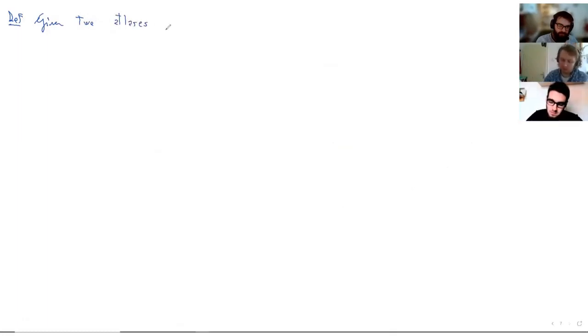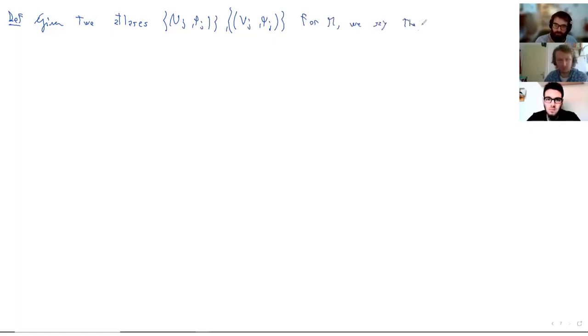Now, one more definition. Given two atlases (U_j, phi_j) and (V_j, psi_j) for a manifold M, we say they are compatible. This is what we're defining.